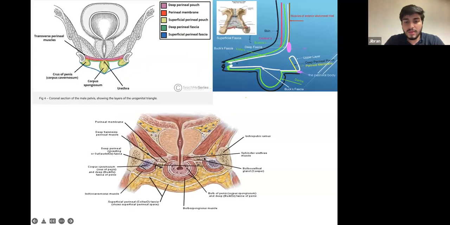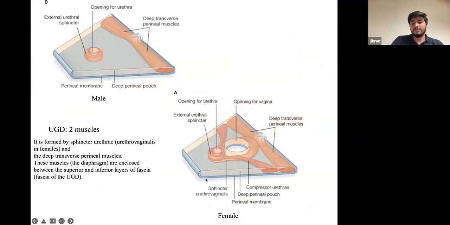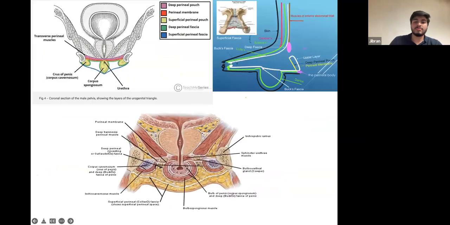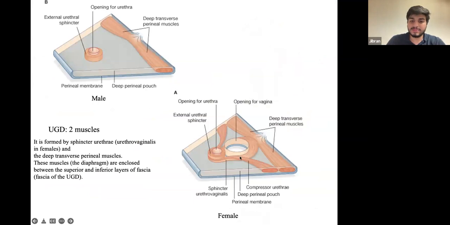This is the perineal membrane, the red one. I should have included that picture in the slide. And this is over there, so the contents and the top.